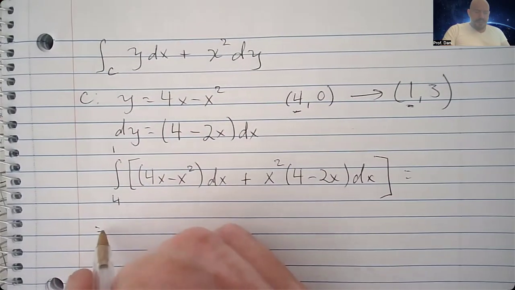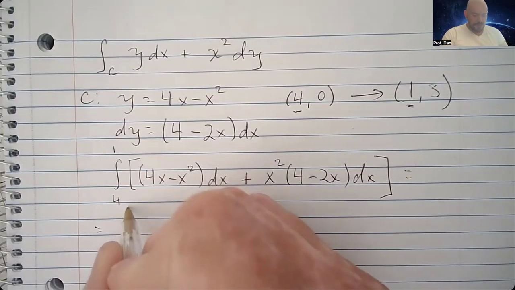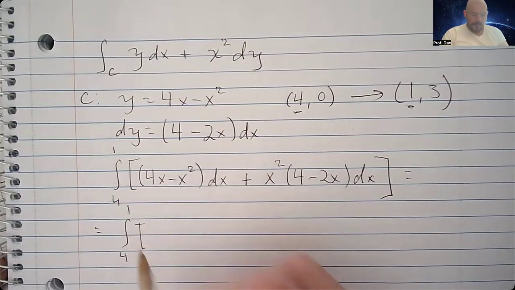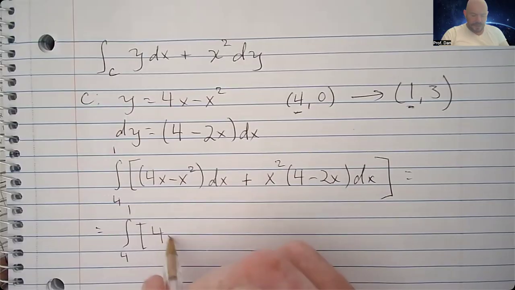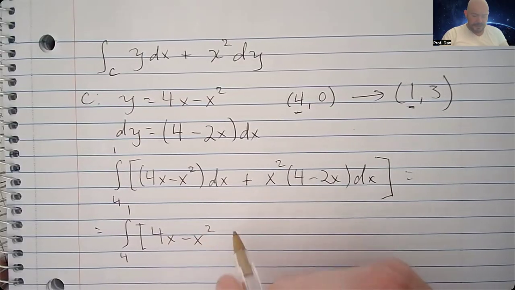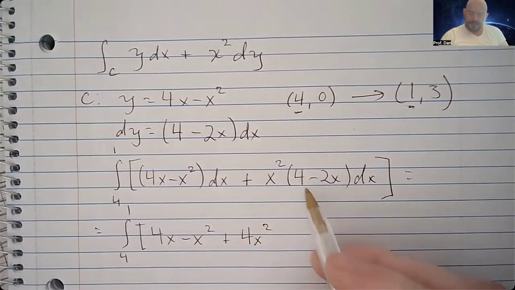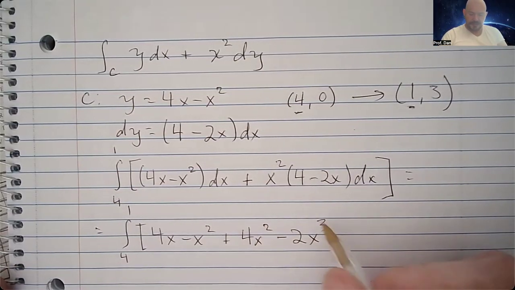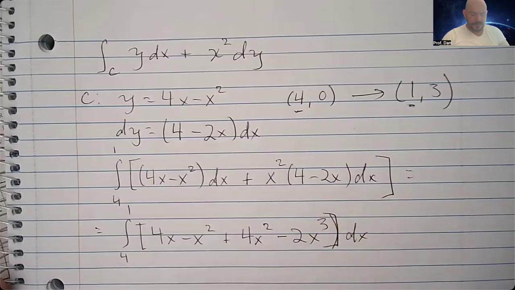So putting everything together, I have the integral from 4 to 1 of 4x minus x squared plus 4x squared minus 2x cubed dx. Square bracket, there we go.